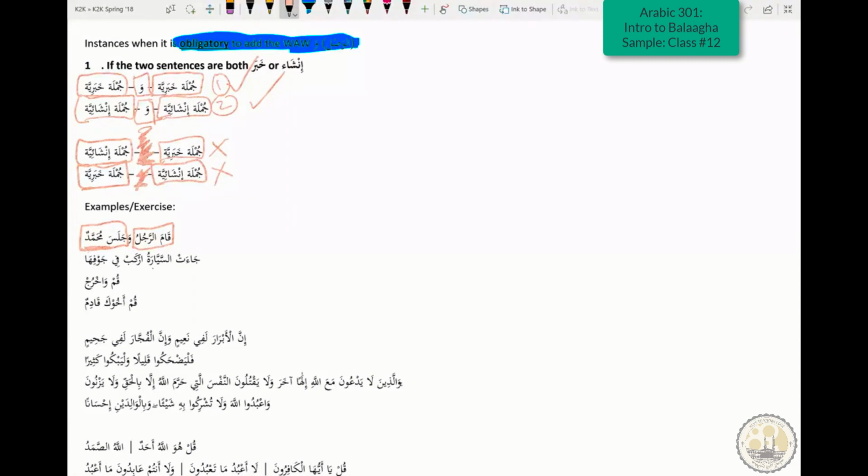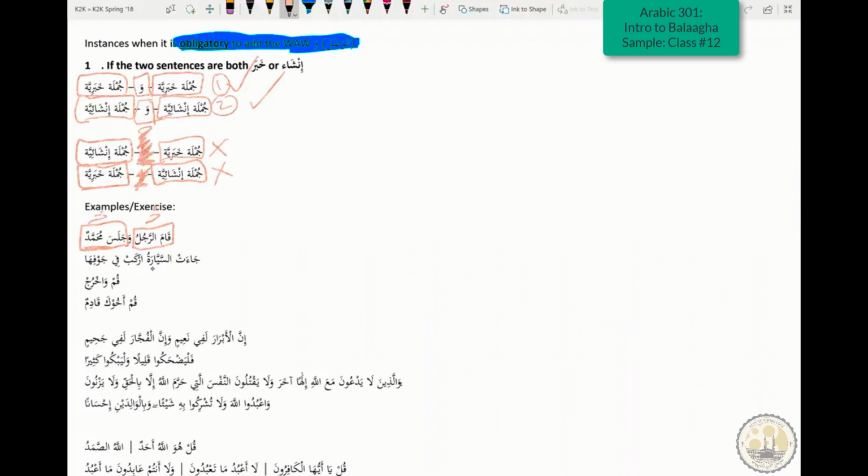Mumtaz. So sentence one is khabariyya. We'll put like a kha here. What about the second sentence? Jalasa Muhammadun. Muhammad sat. Khabariyya or insha'iyya? Also khabariyya. Put a kha here. Okay. طيب, mumtaz.